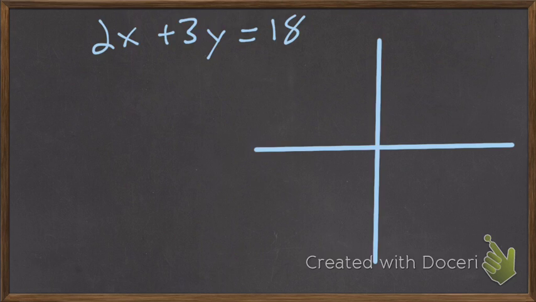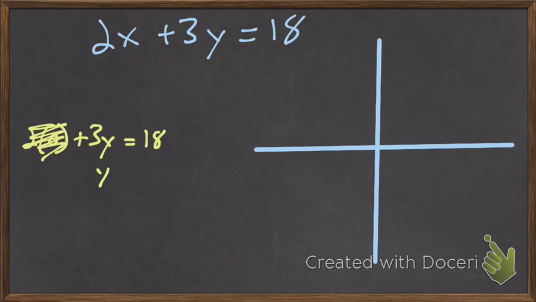If I want my y-intercept, I'm going to say 2 times 0 plus 3y equals 18. Well, 2 times 0 is 0. What times 3 gives you 18? 6. So my y-intercept is 6. So 1, 2, 3, 4, 5, 6.